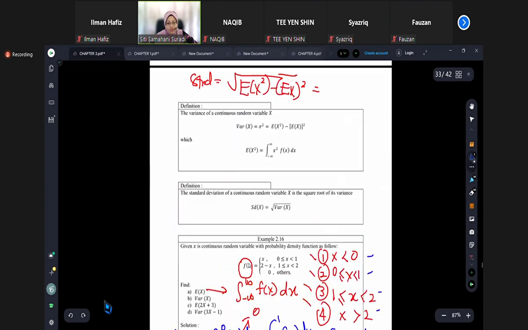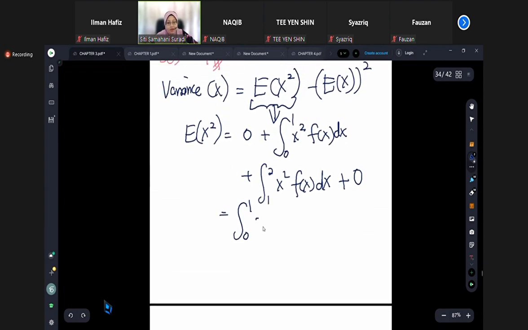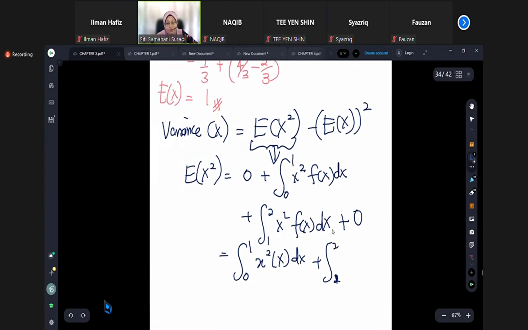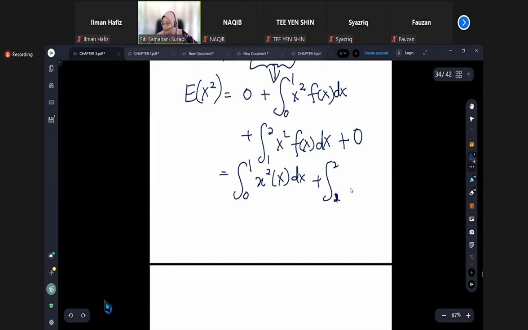So this one is x, meaning x to the power of 2 times x dx, plus the integration from 1 up to 2. So the integration is x to the power of 2 minus the function, this one.